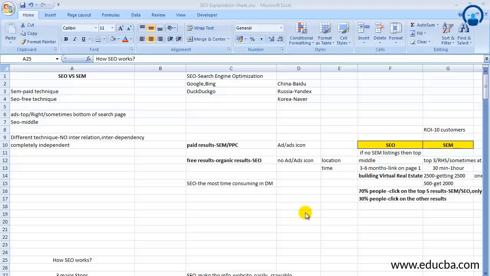Also, if you are looking for more details on the paid advertisement part, you can have a look at the course related to SEM or search engine marketing or Google AdWords, so you can get details and insights about the same.